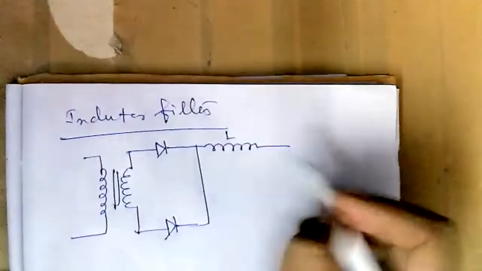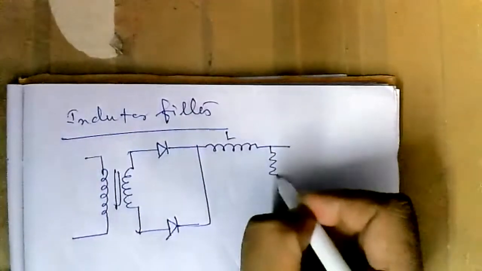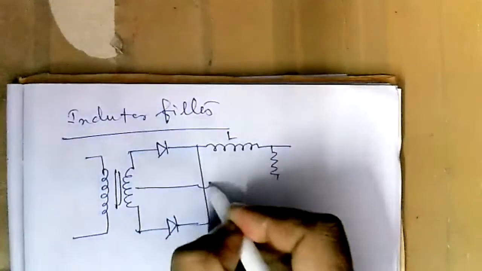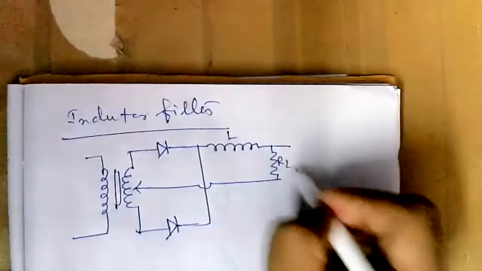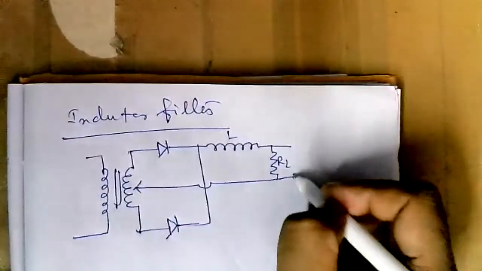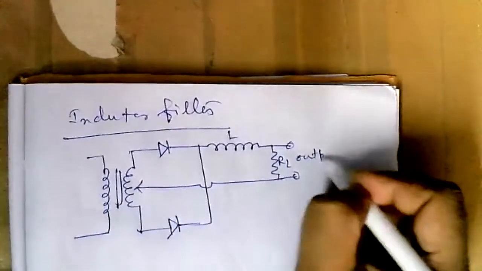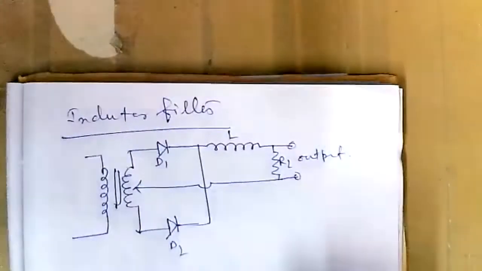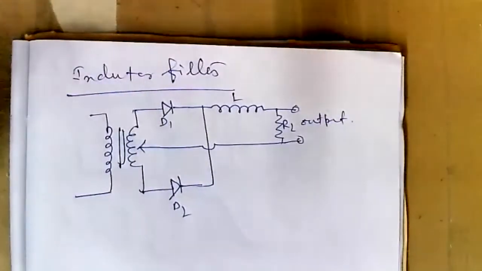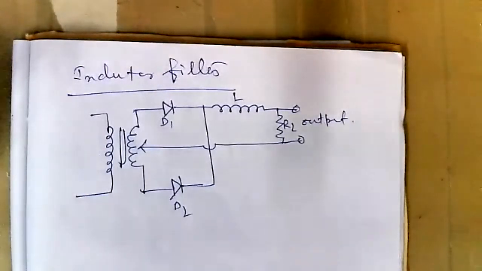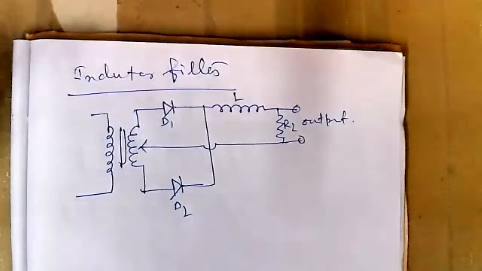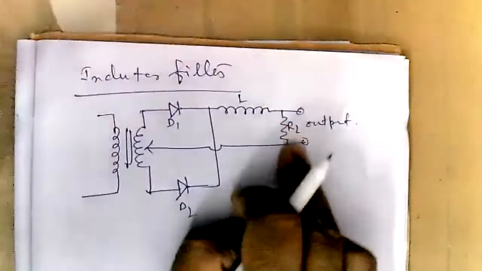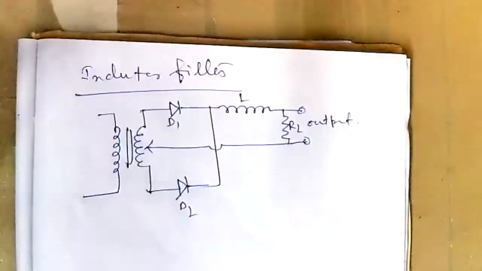This is one inductor L. Here you have a load resistance RL. So here we will get the output. This is the inductor filter. What is the reactance of an inductor? 2 pi FL. So as the frequency is high, the reactance will be high. For DC, the resistance is 0. So DC will go comfortably through this inductor, but the AC will be blocked.